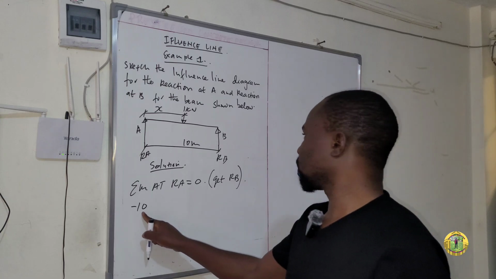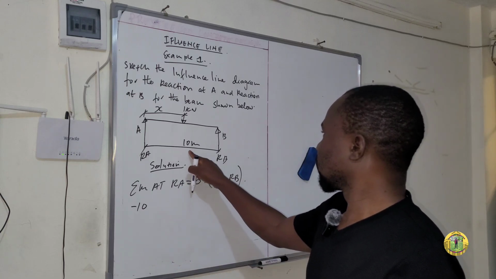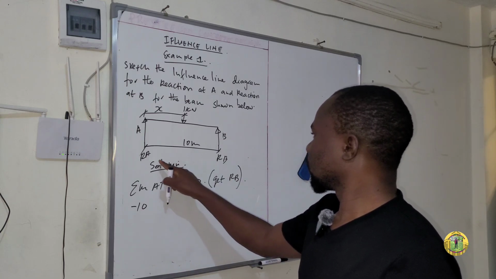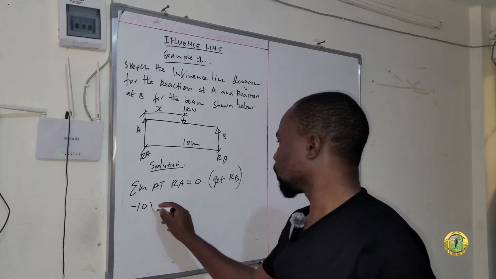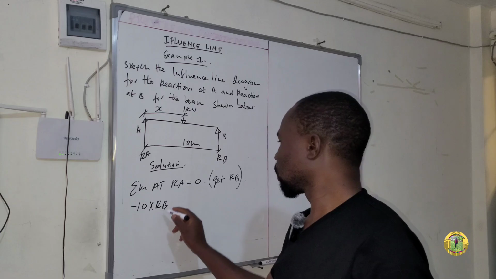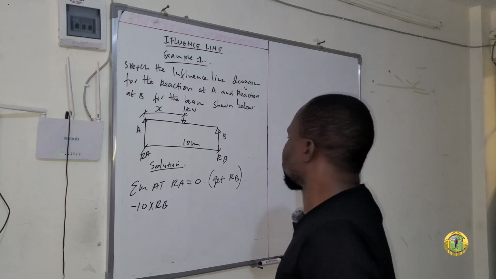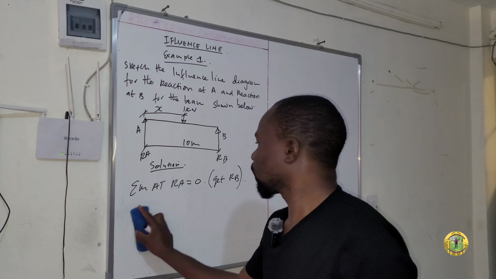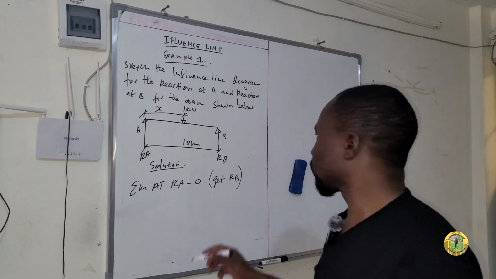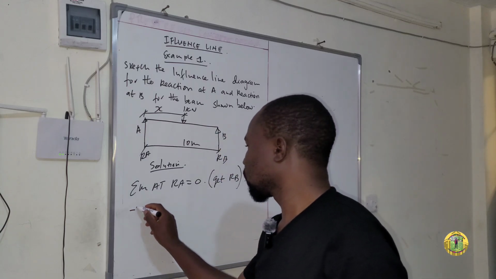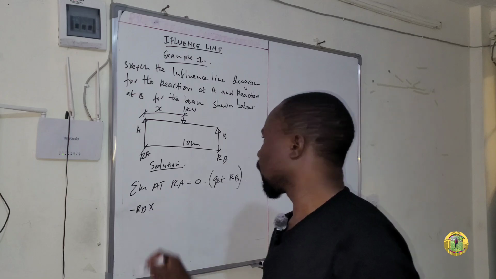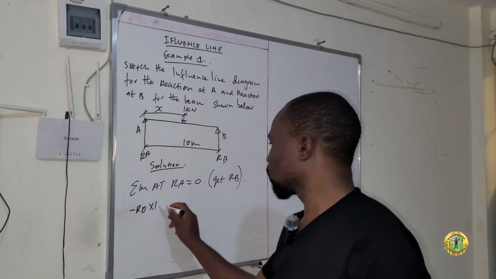So minus 10 times RB. Or, for a simple understanding, because RB is moving in anti-clockwise direction, you'll say minus RB times the distance, which is 10.